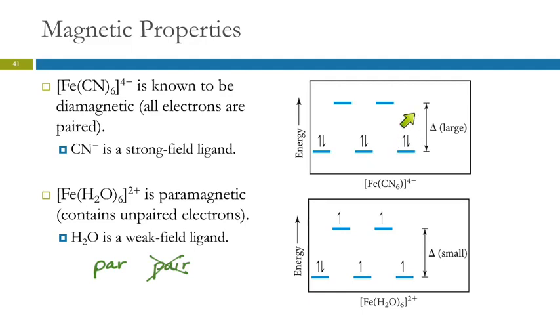So large splitting, large difference in energy, then we're more likely to have these electrons pair up. A small difference in energy, and we're more likely to have electrons go up here, more likely to have unpaired electrons. Does that make sense?